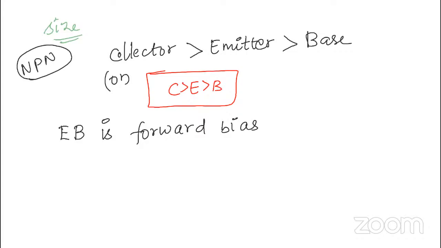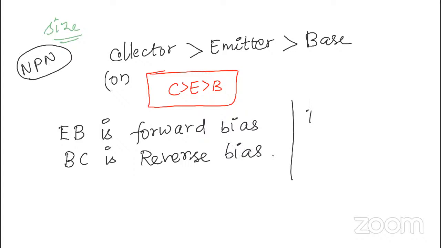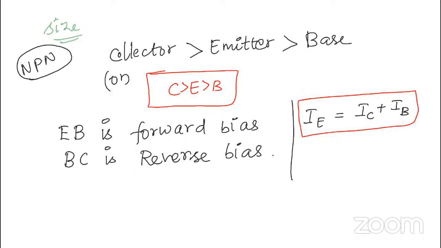EB is in forward bias இருக்கும் and BC is reverse bias இருக்கும். Okay, so இங்க emitter current ஓட value, it should be the collector current added to the base current, that gives நம்மளோட emitter current. Okay, so this is a very, very important formula.